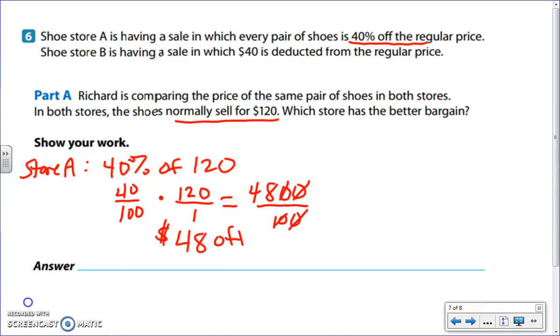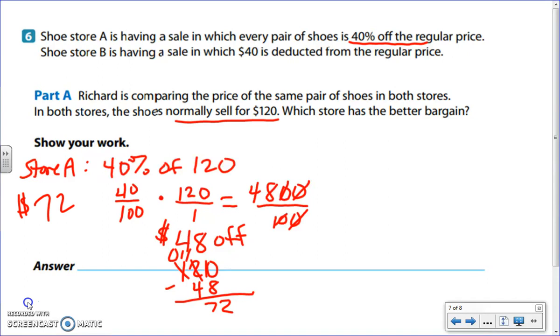It's important that we write the word off, because 40% is how much they're taking off the price. So if they started at $120 and we take $48 away, it looks to me like we would have a $72 pair of shoes. So at store A, they would cost $72.